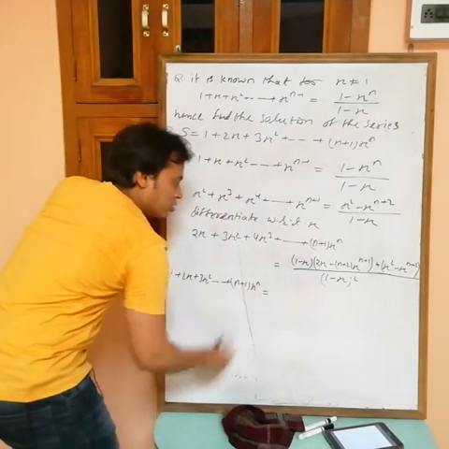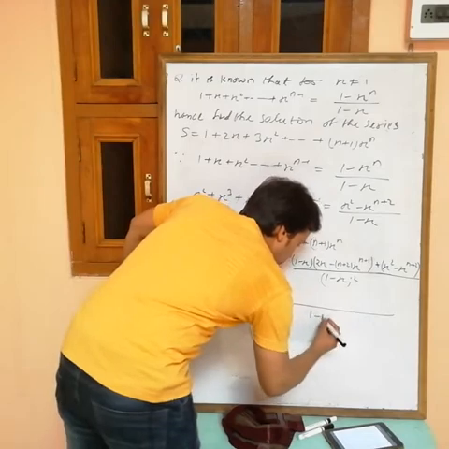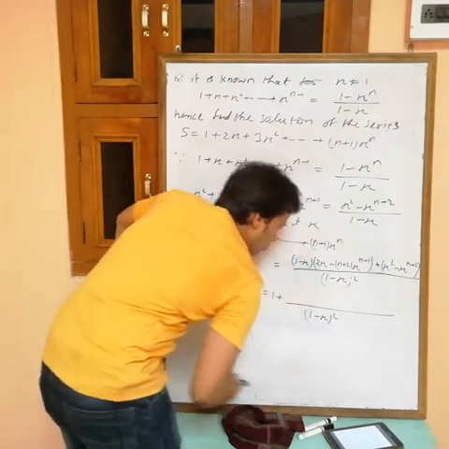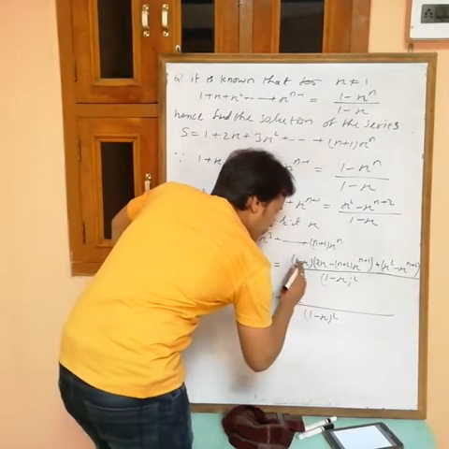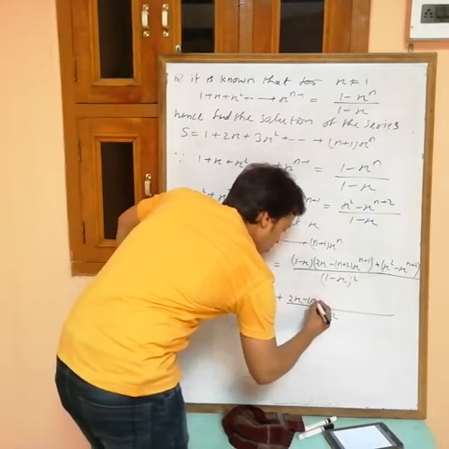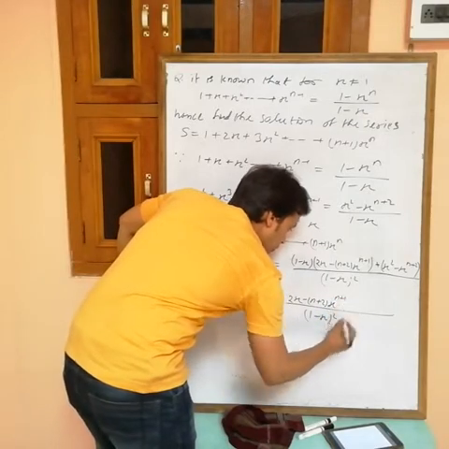Here also we have to add 1; in the denominator we have (1 minus x) whole square. Multiply this one, plus 2x minus (n plus 2) into x power n plus 1.